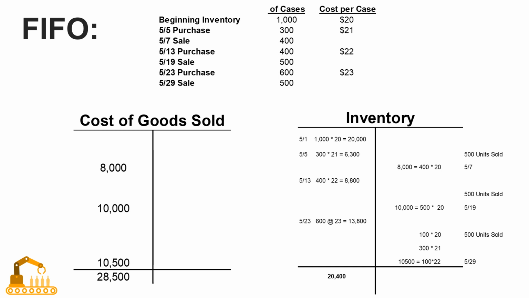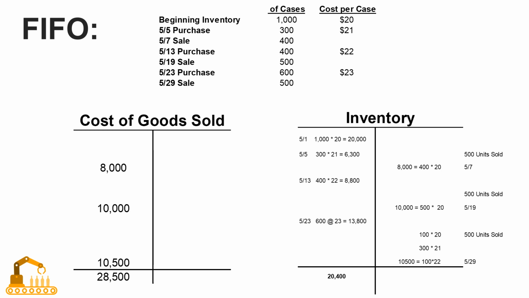The next transaction, accounting for them perpetually, is that we sell 400 units. When we sell these 400 units, we need to reflect the outflow of inventory, 400 units, and the cost of those goods sold, but we must determine what the costs of these inventory units sold are.